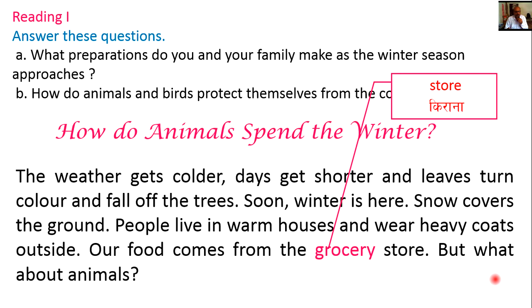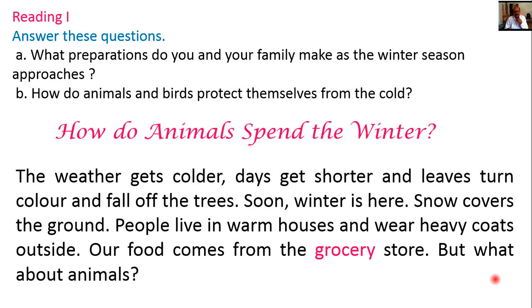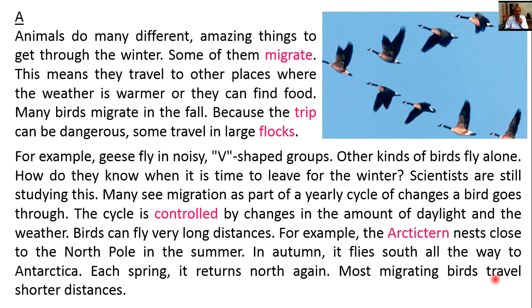But what about animals? Have you thought about animals' storage? From where do they bring their food during the winter season? Animals do many different amazing things to get through the winter. Some of them migrate. This means they travel to other places where the weather is warmer or they can find food.